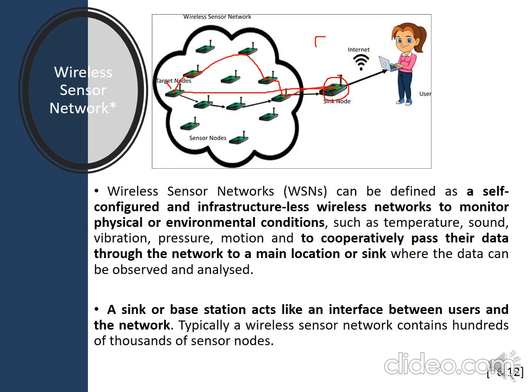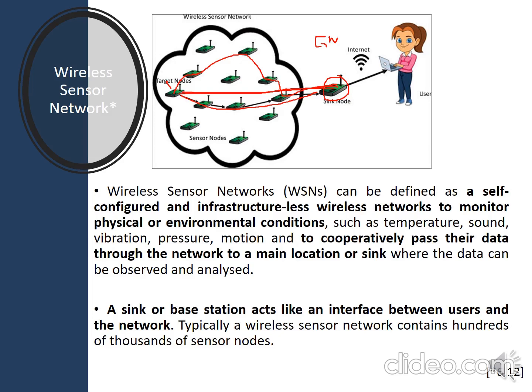Sometimes we call it a gateway. If the node is directly connected to it, then it will send directly, or if there's no point-to-point connection, instead there are multi-point connections, then the data will go through various nodes and end up in the sink. A sink or base station acts like an interface between users and the network.